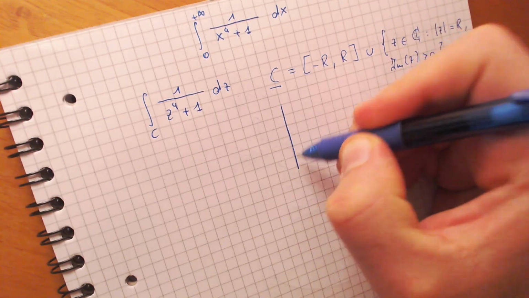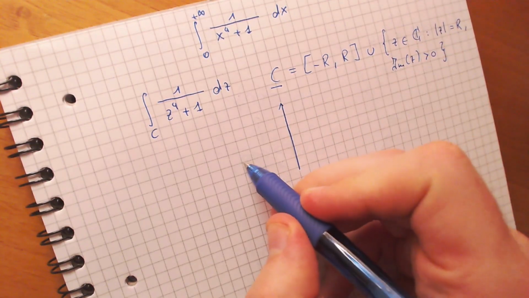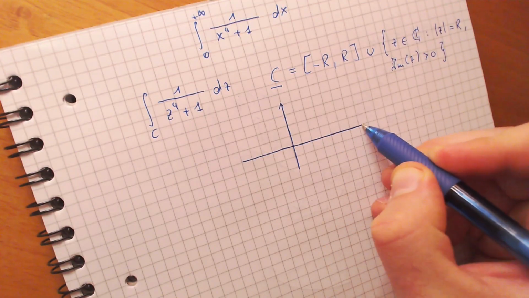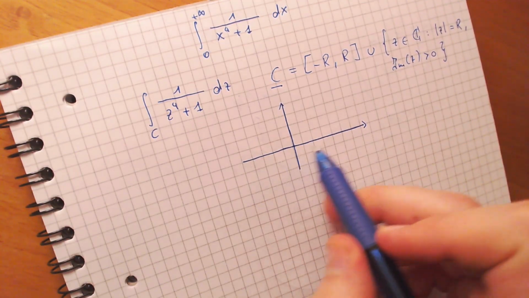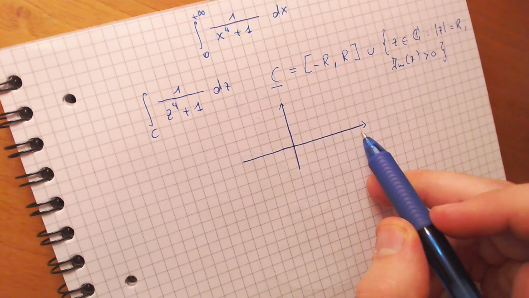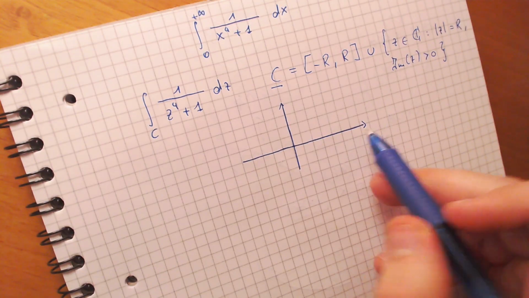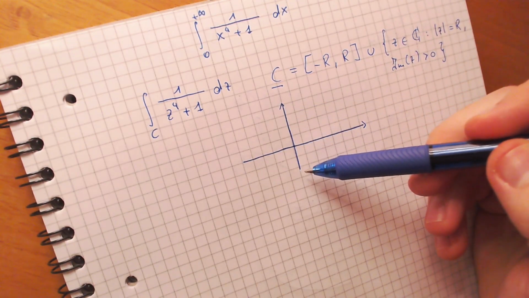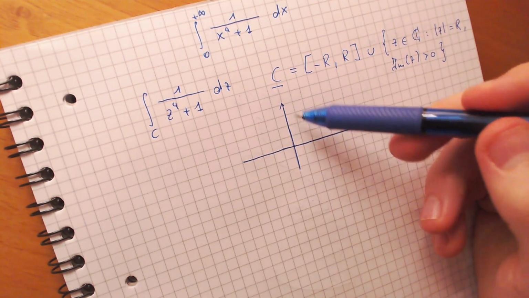So we are on the complex plane. We have the horizontal axis, which represents the real part of the numbers, and the vertical axis, which is for the imaginary part.